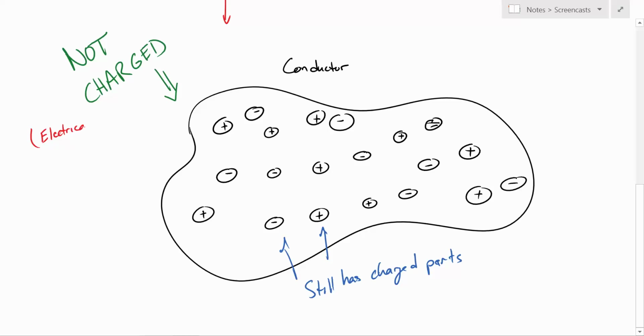But it still has pieces inside of it that can interact electrically, because it still is built up of pieces that are positively and negatively charged. In a conductor, these are all free to move around. The positives can move, the negatives can move. In an insulator, we had the idea where it's like the child on one of those kid leashes. The negative charges are kind of bound to the nuclei. They can't get too far away.